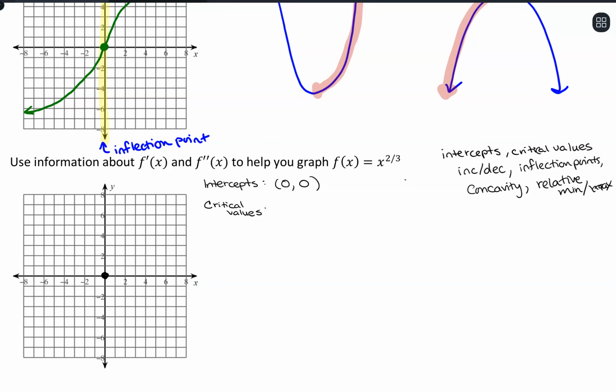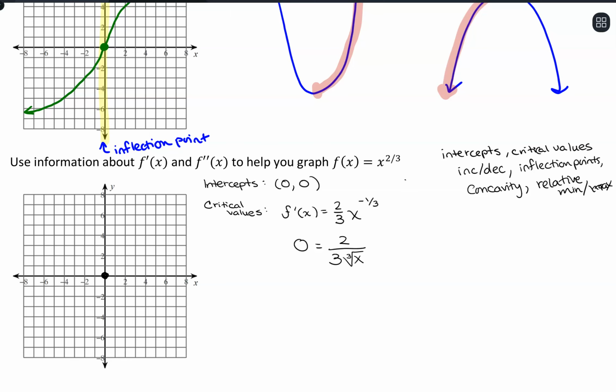So what we're going to do is take the derivative. So f prime of x is equal to 2/3 x to the 2/3 minus 1, which would be a negative 1/3. Let's set this equal to 0. 0 equals 2 over 3 times, and I'm going to change this to radical form, so this is the cube root of x.